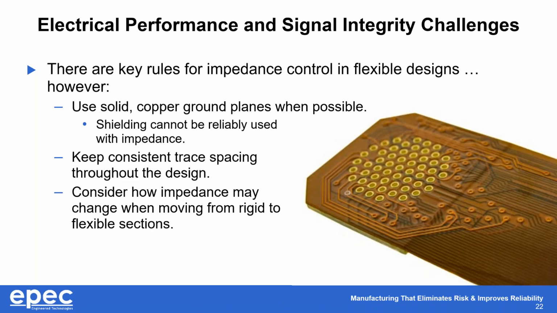Many times, if done improperly, you'll end up having to change trace thicknesses to account for impedance differences between rigid and flex sections. But in those cases where it becomes more complex, it's always best to come to us first, so that we can help calculate and evaluate where that might be needed or if it's needed.